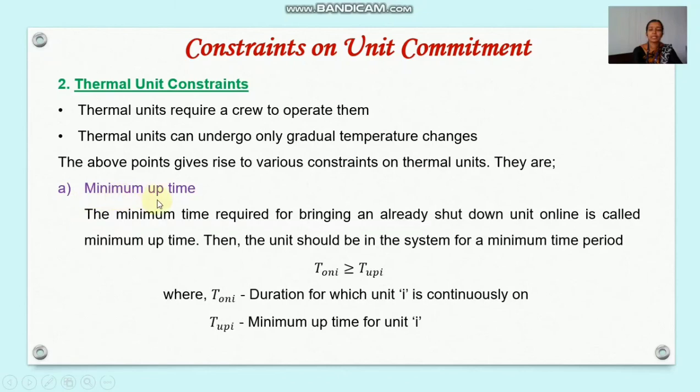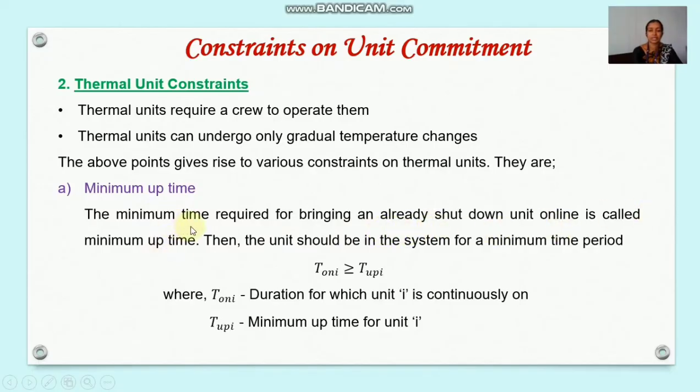So first one is minimum uptime. The thermal unit constraints are the most important among the various constraints. Minimum uptime means the time required for bringing an already shut down unit online.